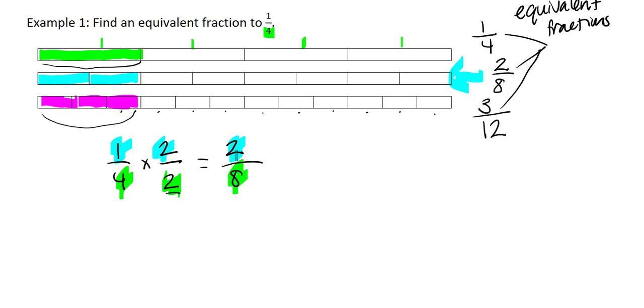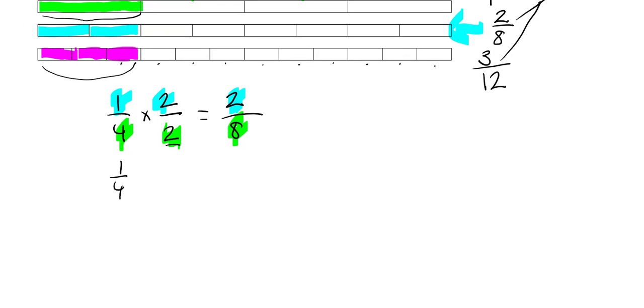And then to get the third number, the 3/12, all we did was take 1/4, and we're going to multiply the top and the bottom by 3. So 1 times 3 is equal to 3. Now 4 times 3 is equal to 12.